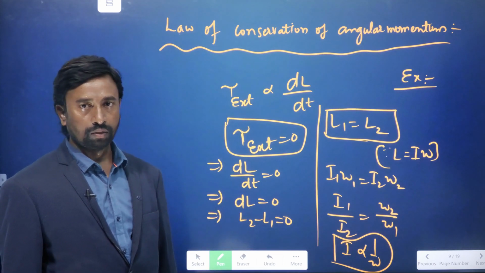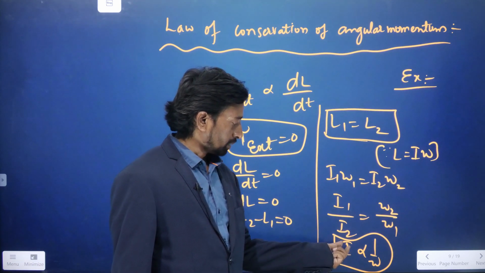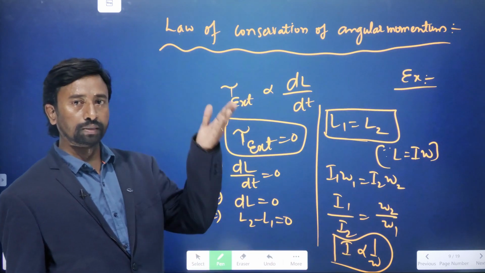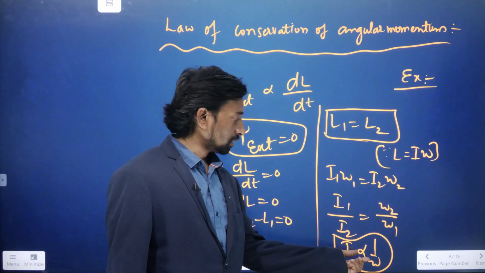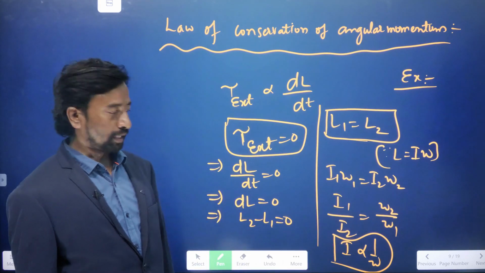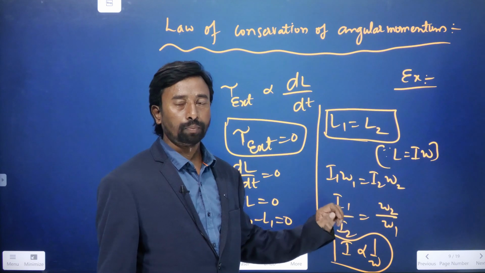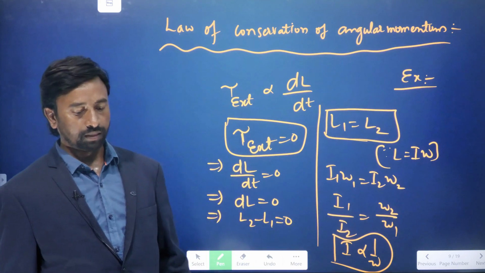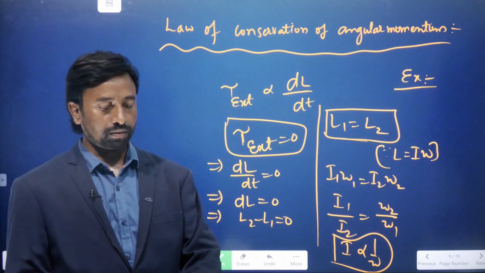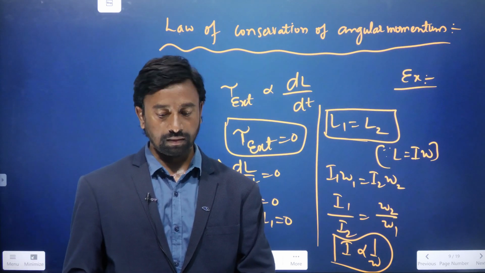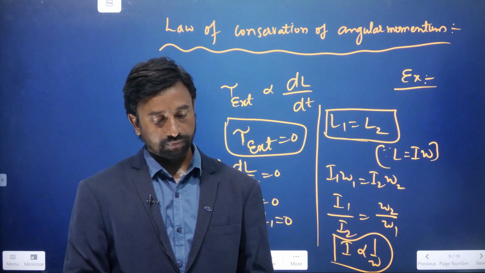The moment of inertia has to decrease to jump a longer height, and then to land safely in the water, he has to spread so the moment of inertia increases.